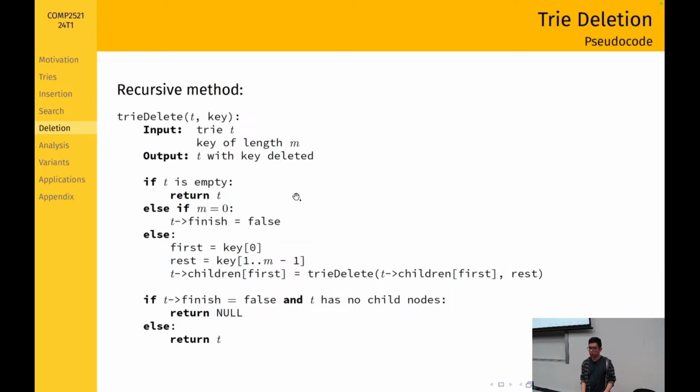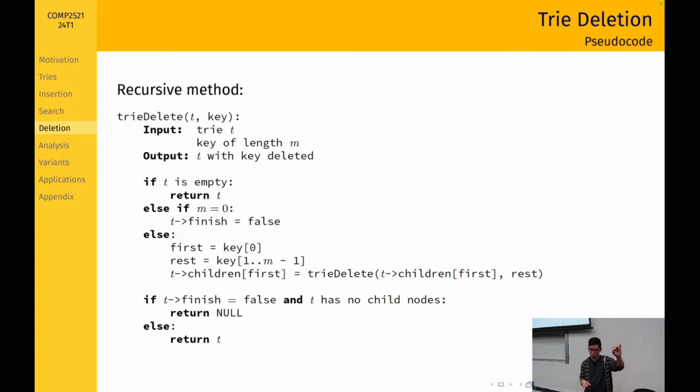Okay, and here is our pseudocode for deletion. If our trie is empty, that means the key doesn't actually exist in the trie, so we just return. Otherwise, if m is equal to 0, we've reached the end of the key, and we mark the node as a non-finishing node.